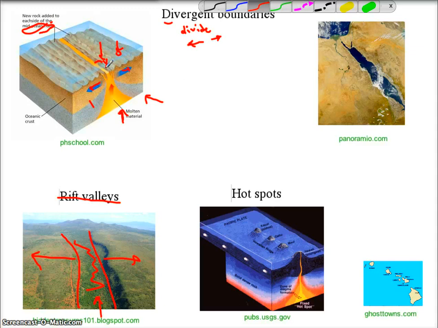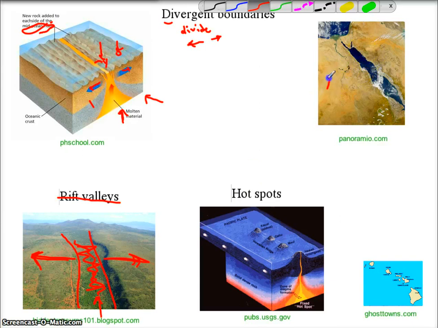I do want to mention a couple of things. We have rift valleys that often have a lake or water in them. And you can imagine if you have a rift valley where one side's going one direction and the other side's going another, this place in the middle could drop below sea level. And as a result, any nearby water would fill the gap right there. And that's exactly what has happened here.